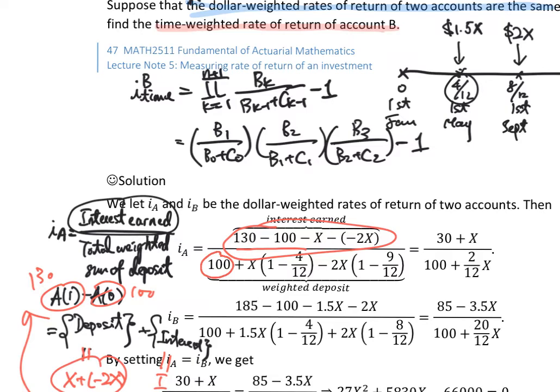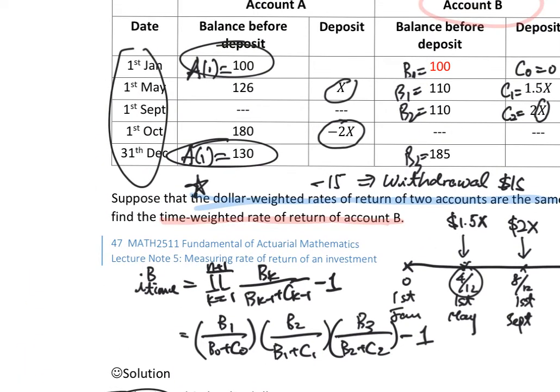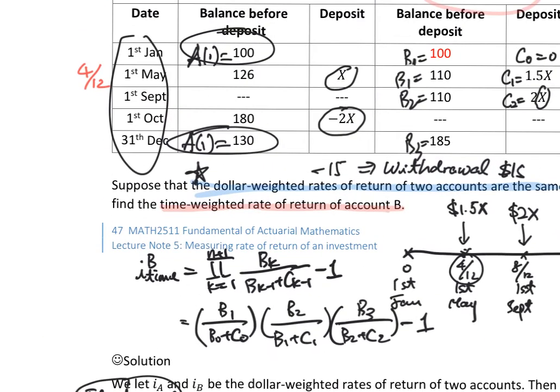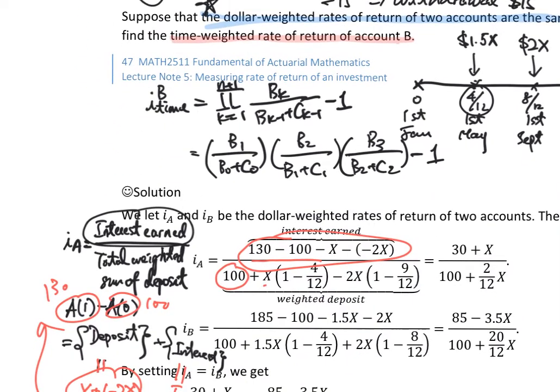The second one will be the s, which you make on the 1st of May, at time 4/12, so you get 1 minus 4/12. The next one is the minus 2s that you make on the 1st of October, which is at time 9/12. Then it will stay in the account for 1 minus 9/12 year, so you multiply by this constant. Then that will be your denominator.